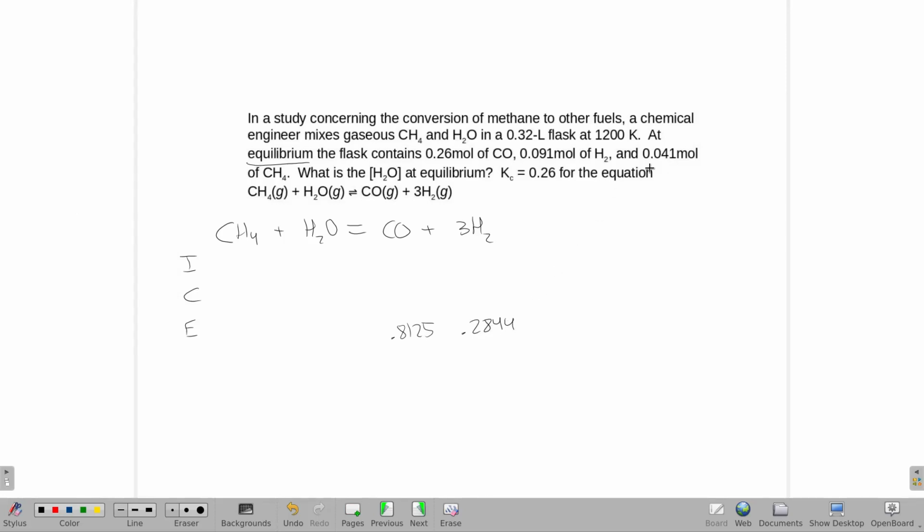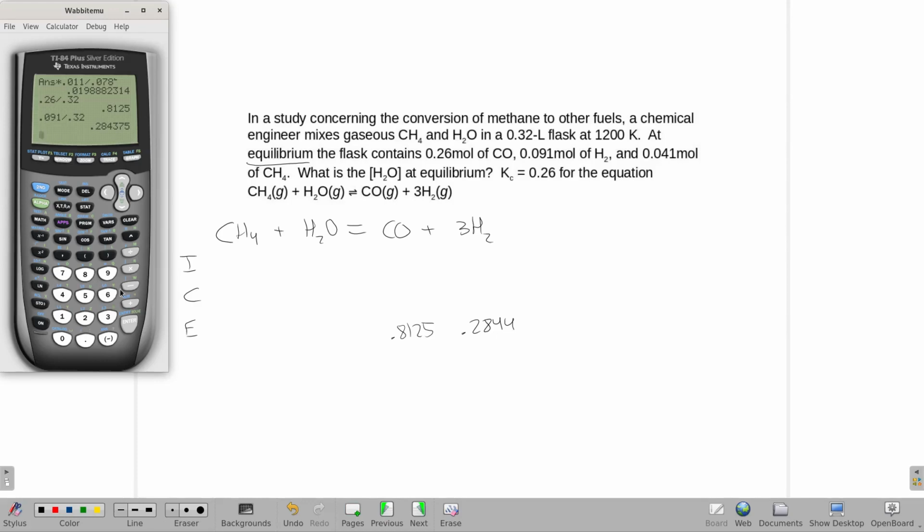And finally, the CH4 is 0.041 divided by 0.32, and that is 0.1281.